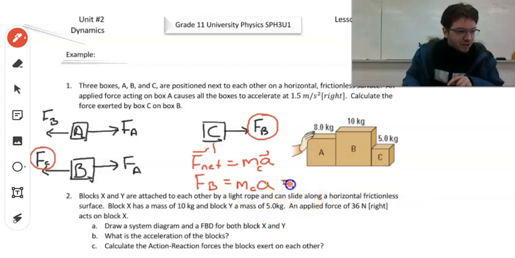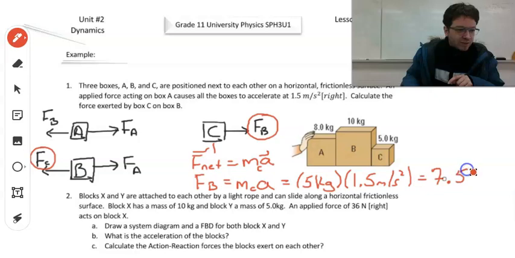And I know what those are. The mass is 5 kilograms, and the acceleration is 1.5 meters per second squared. So that gives us a force of 7.5 newtons. Now this force is to the right.